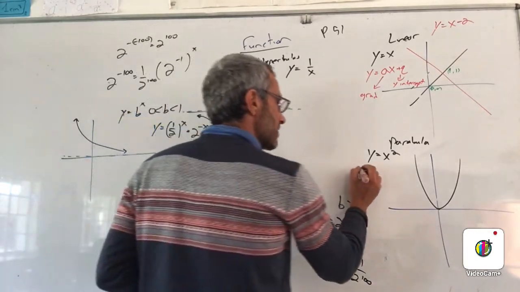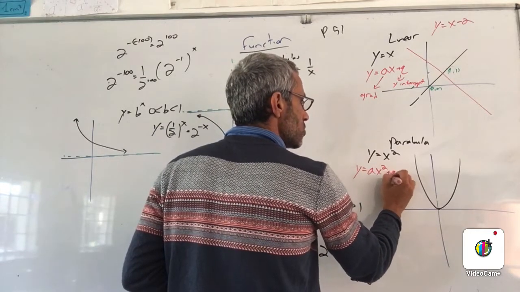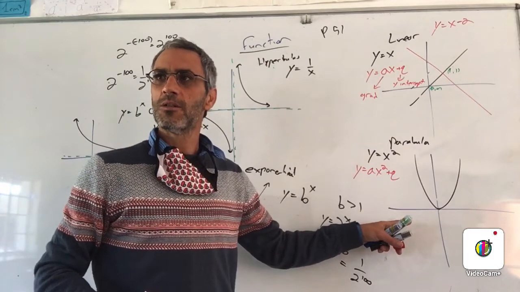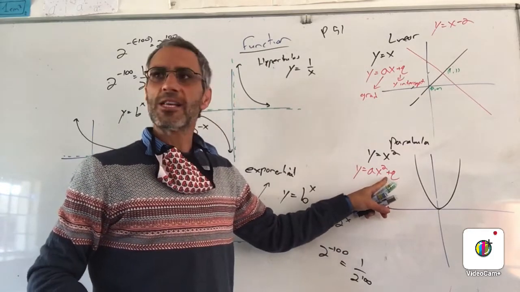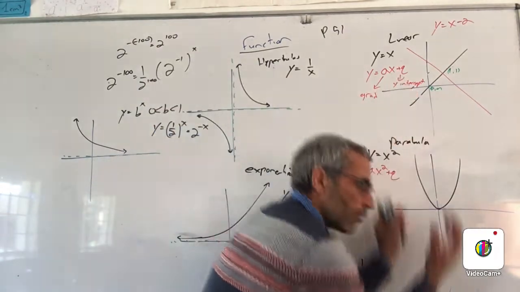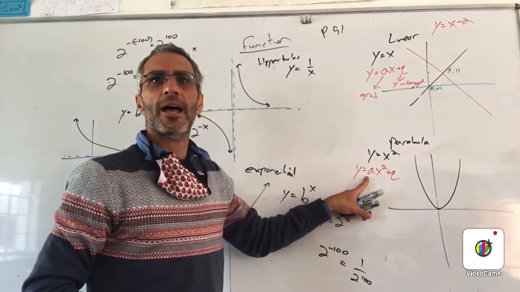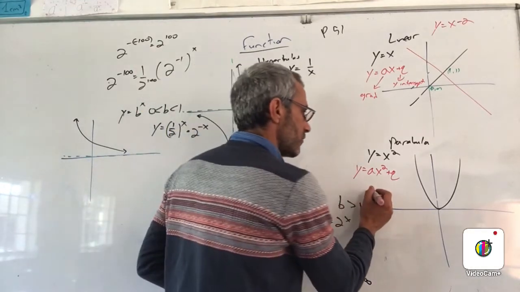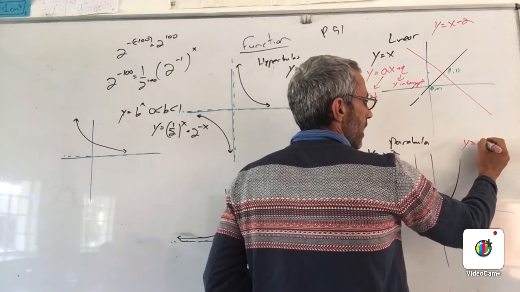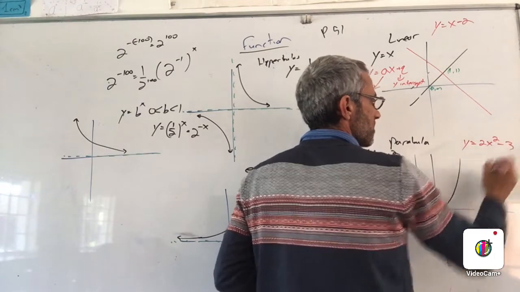I can say y equals ax squared plus q. The q is the vertical shift. If I'm doing minus 3, what will happen to that graph? It will go down 3 units. But let's take an example, y equals 2x squared minus 3.